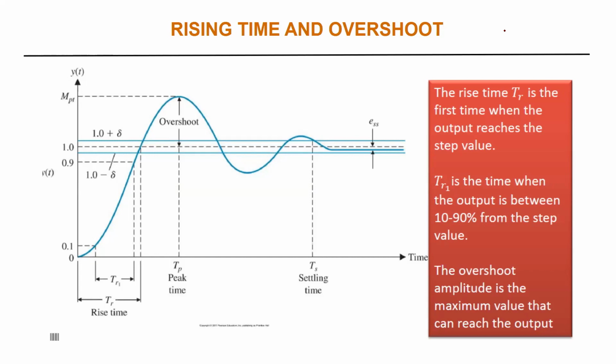Suppose you would like to specify the percentage overshoot you would like to have in your system, and how fast your system reaches the steady state, or the time you need at the beginning of the response to go to 90% of your final value. Those are quantities of importance, and we would like to relate them to zeta and omega n.